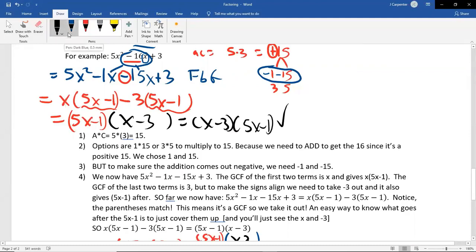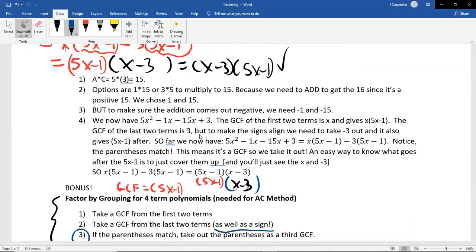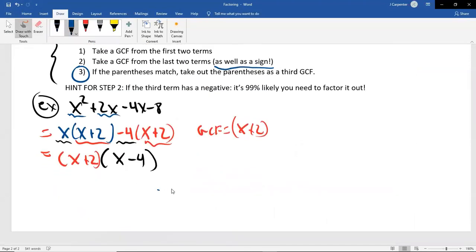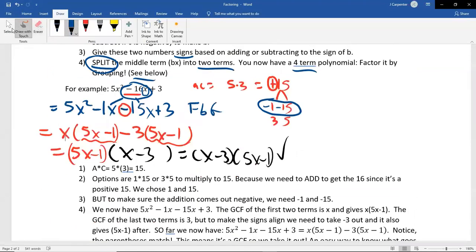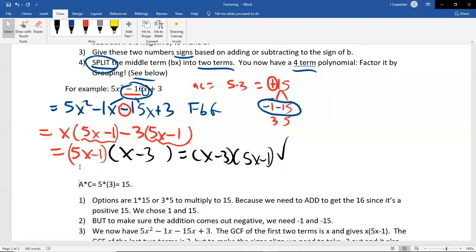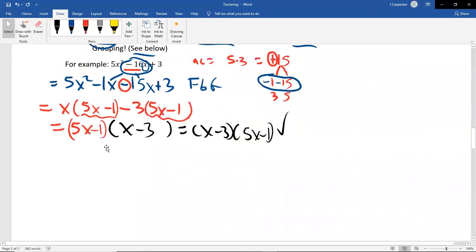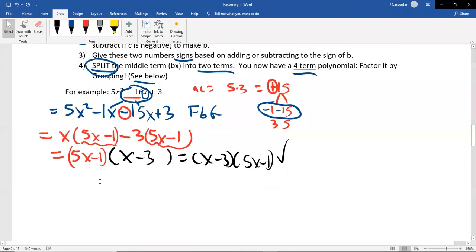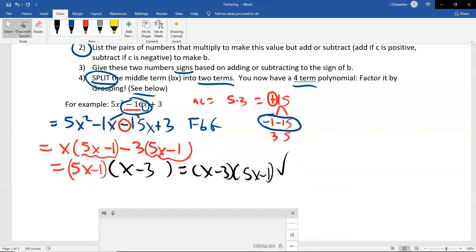5x squared minus 16x plus 3. Okay, so let me show you what trial and error would look like for this problem, which is actually a very short trial and error. Let me just do, I'm going to do this. Trial and error, T and E for trial and error.